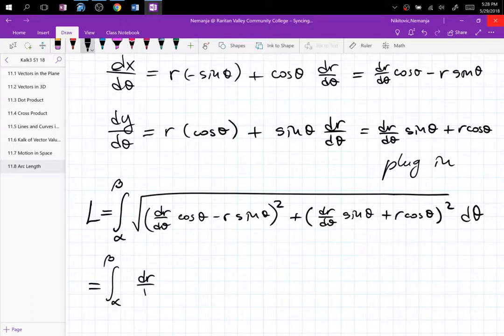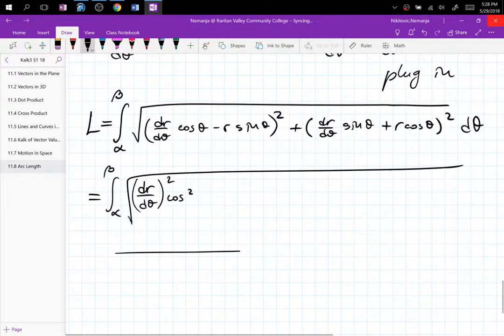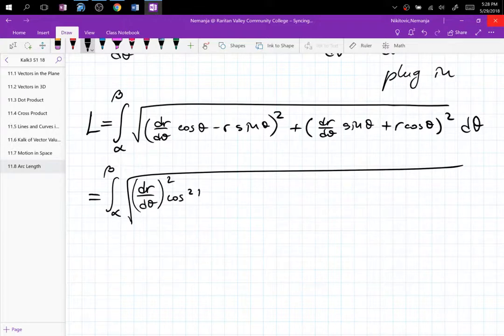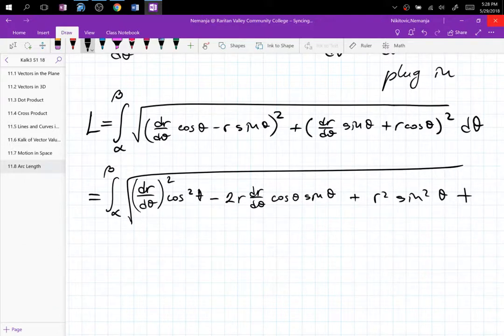And when I multiply these two, I have minus 2 times r dr d theta cosine theta sine theta, and finally plus r squared sine squared theta. So that's expanding the first one, plus the second one. As I said, the root will continue.